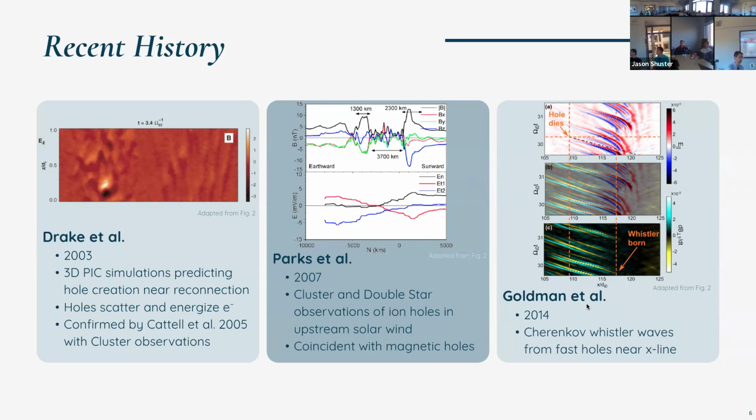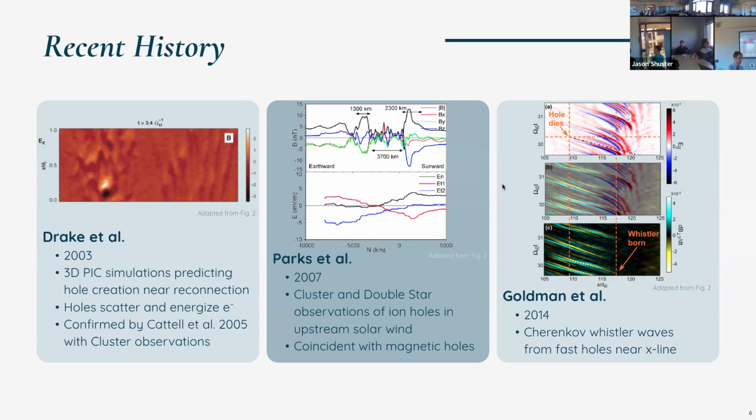And more recently, this I just thought was cool, so these holes move. And actually this paper found that you can generate whistler waves via Cherenkov radiation, essentially from these holes that are moving so fast. So this top plot shows holes forming in this region, and then they propagate to the left. And as they do that, they create these whistler waves.